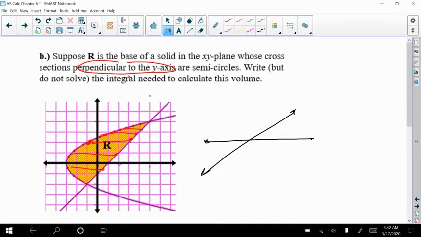So I'm thinking about 1, 2, 3, 4, 5, and up 1, 2, 3, 4. So like this corner over here, that spot right there, that's 5, 4, which corresponds to this point right there.